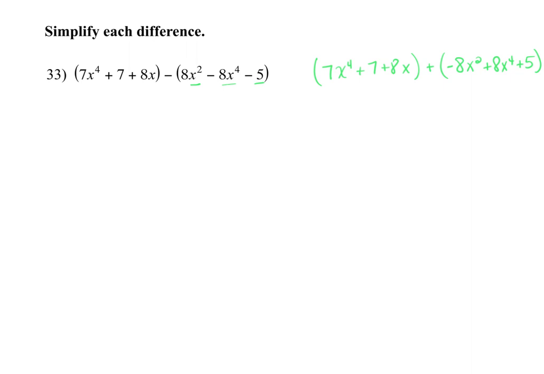Again, I start with my highest exponent, and I underline them because I want to make sure that I have accounted for everything when I'm done. So I'm going to start with my 4th. I have 7x to the 4th minus, because this is minus, a negative 8x to the 4th. My next one is x squared.